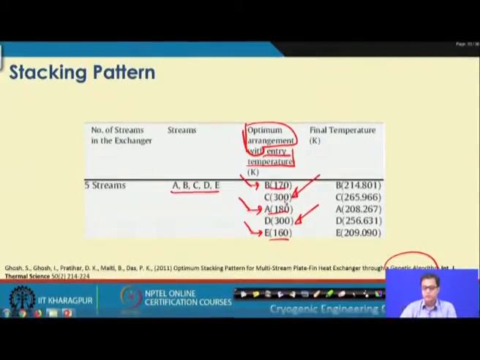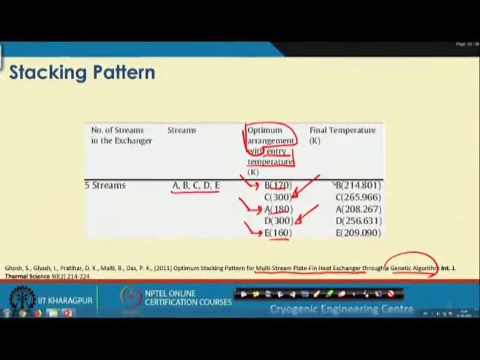Now, if we solve that simulation problem that we have discussed in the earlier classes, that multi-stream plate fin heat exchanger algorithm will give us the exit temperatures corresponding to this. So, B will come out at 214, then C 265, and so on, and these are the exit temperatures for these fluid streams.